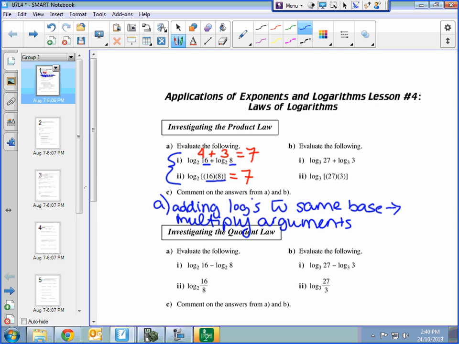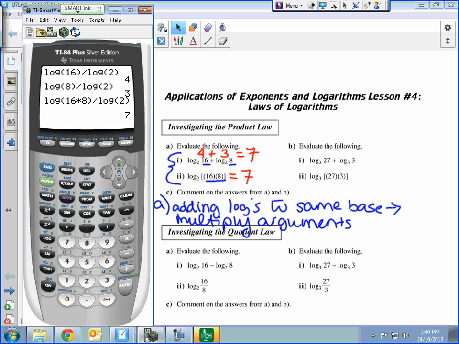If I'm adding two logarithms with the same base, I can just multiply my arguments, and then keep that base the same, okay? If you put B in your calculator, it'll prove it again. So I'm going to put this all into my calculator all at once, okay?